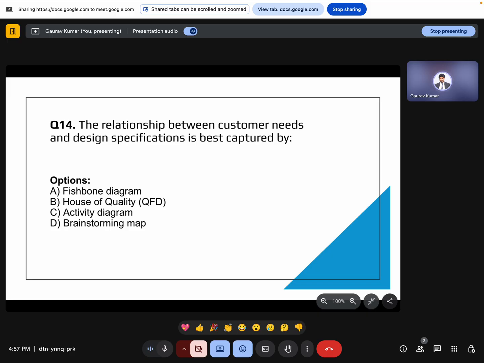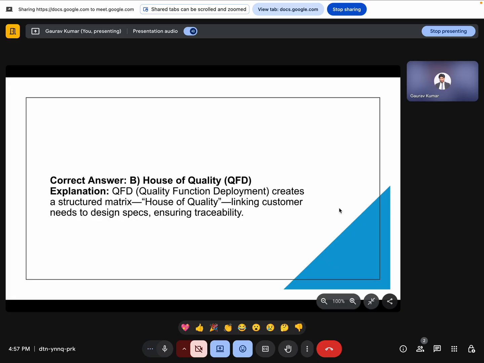For example, lightweight as a need may be linked to material density as a specification. The other options are incorrect because a fishbone diagram analyzes causes of problems, an activity diagram shows flow, and a brainstorming map captures ideas, not traceability. The correct answer is option B, house of quality QFD.